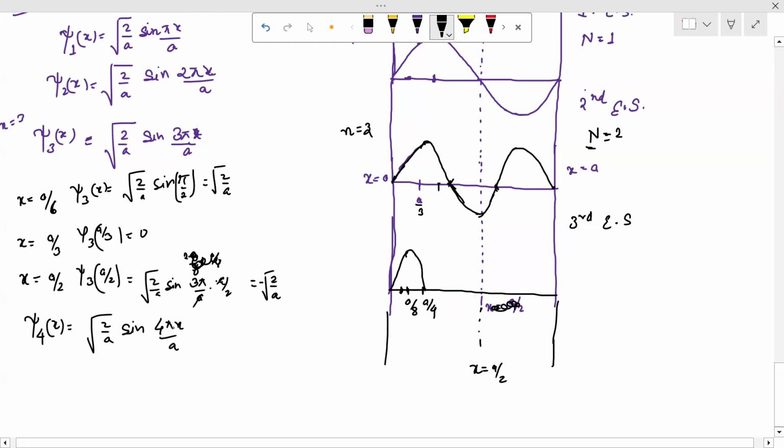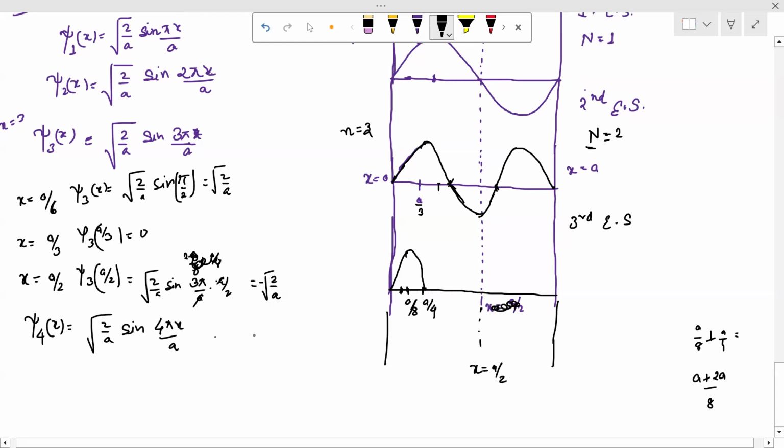Then after that, a upon 2. So a upon 8 plus a upon 4 is 3a upon 8.